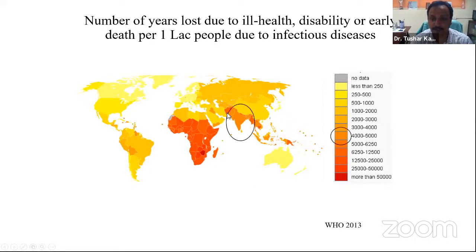If you look at India, we are losing almost 4,000 to 5,000 working years for 1 lakh people. That's a huge amount of time we are losing.